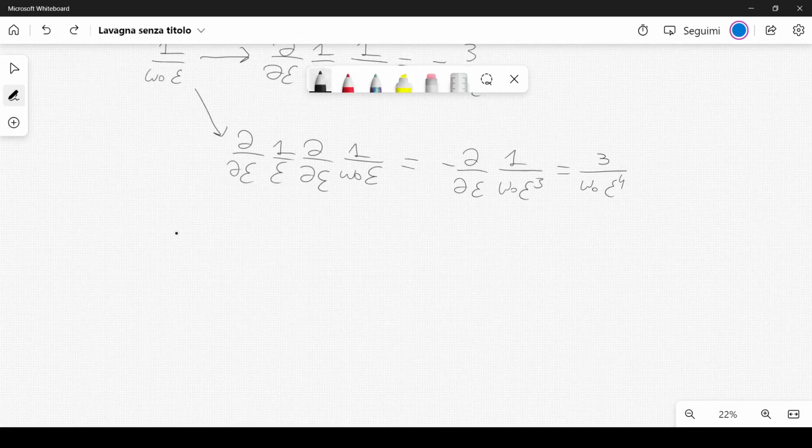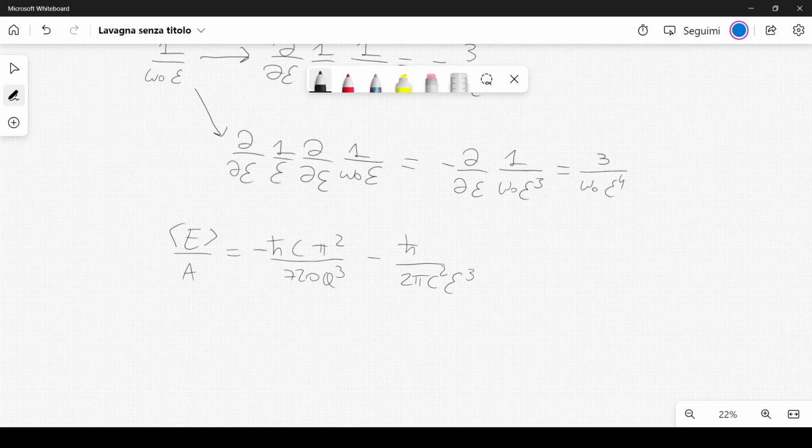In particular, if we write down the average energy over the area, according to what we found, the following. So minus h bar c pi squared divided by 720 a cubed minus h bar divided by 2 pi c squared epsilon cubed.